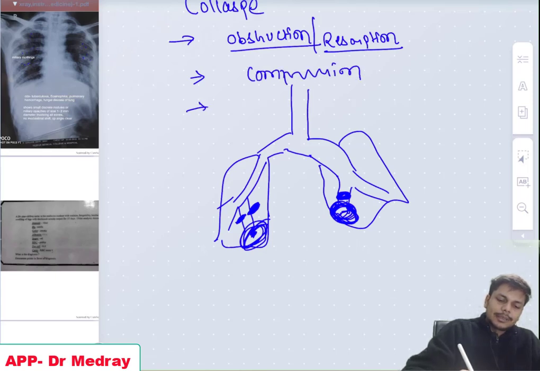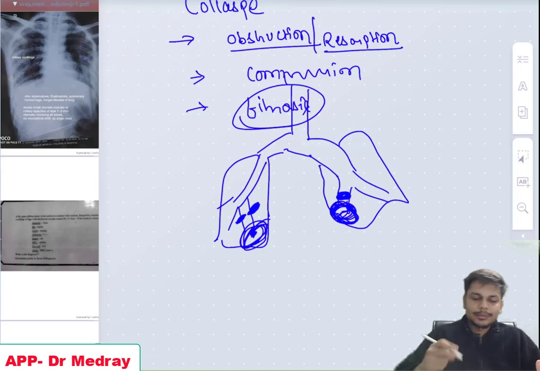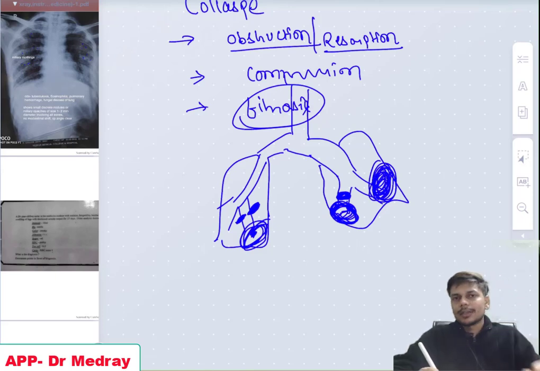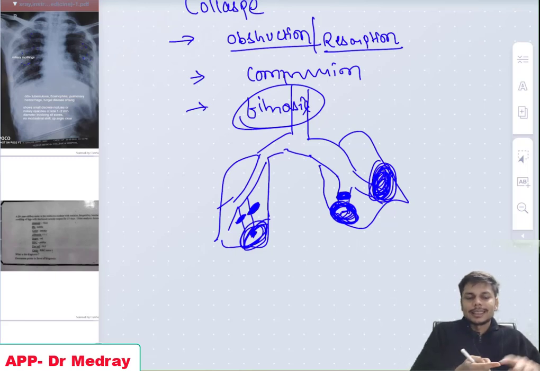The third type of collapse can be because of fibrosis. Remember, if the patient has an infection and after the infection there is fibrosis or fibrotic band formation, there will be fibrosis and collapse. So collapse can be because of obstruction, compression, or fibrosis or cicatrization.